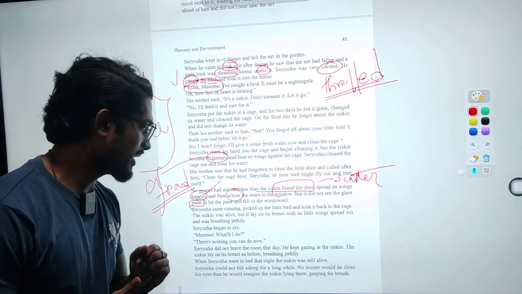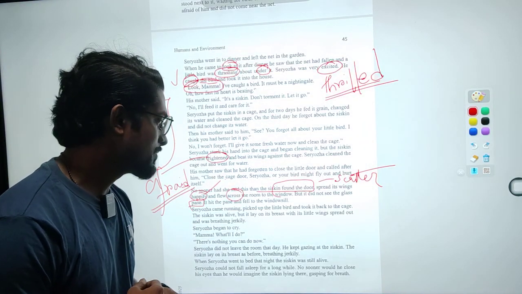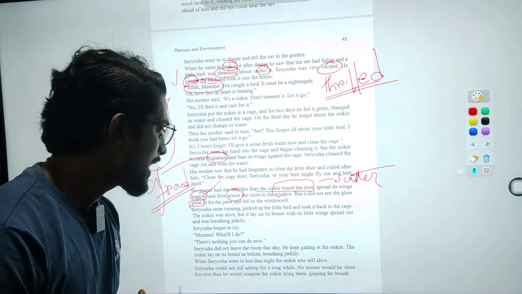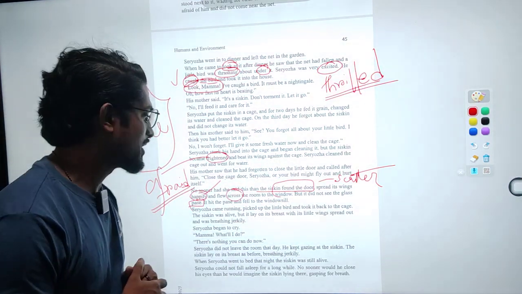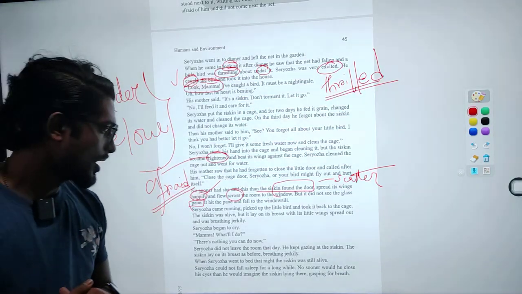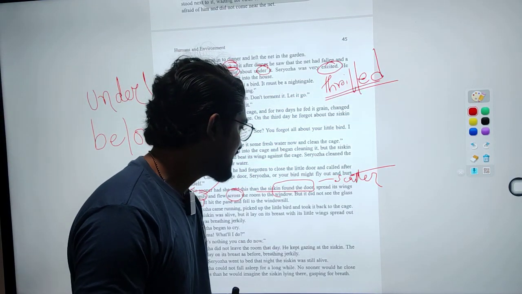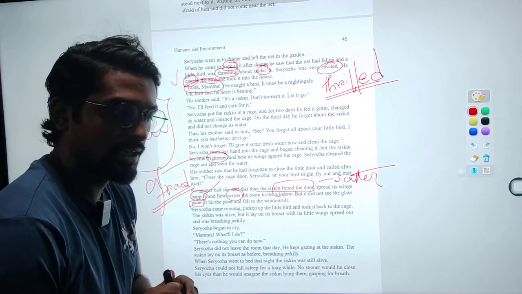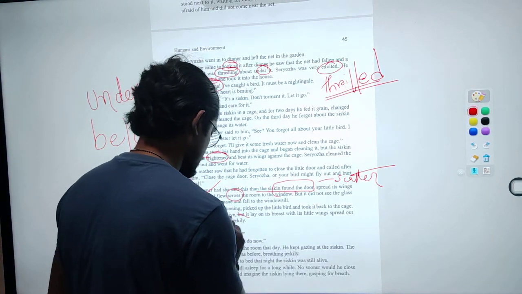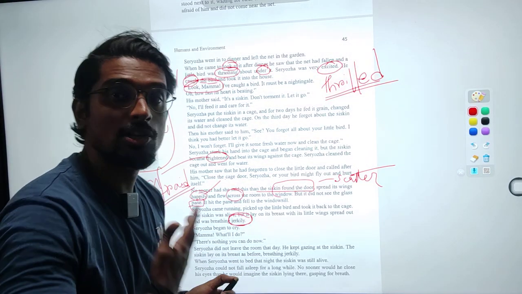Shailaja came running, দৌড়ে দৌড়ে প্রবেশ করেছে অথবা এসেছে, picked up the little bird, তুলেছে, and took it back, রেখেছে কেজে. The siskin was alive, সে বেঁচে ছিল, but it lay on its breast with its little wings spread out and was breathing jerkily, অর্থাৎ হাঁপাচ্ছিল, কাঁপছিল.